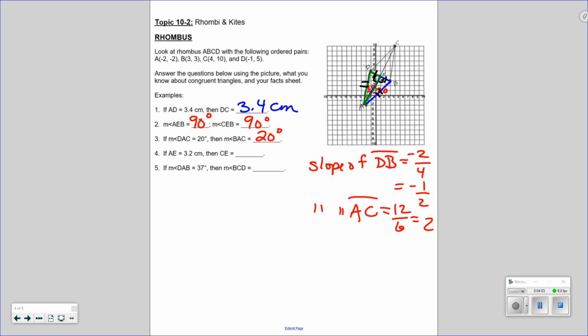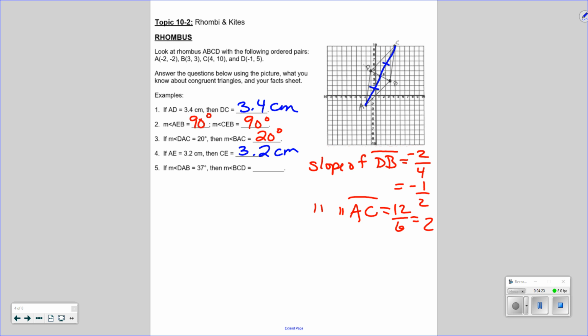Then, if the length of AE is 3.2 centimeters, that's this, then what's the length of CE? Like we said, it's a parallelogram, so the diagonals bisect each other, so that should be 3.2 centimeters as well.